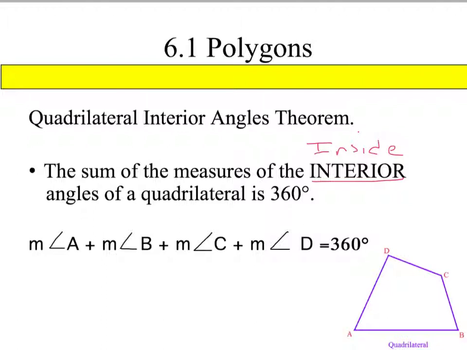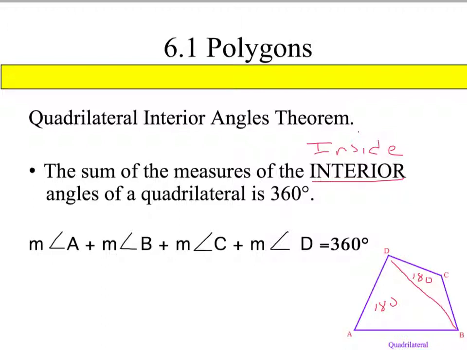The reason behind that: if I make a diagonal on a quadrilateral, so I'm looking at this quadrilateral ABCD, I'm going to make a diagonal from D to B. Notice, this is 2 triangles. Essentially it's 180 degrees here, total 180 degrees here. When added together, it's going to be 360.